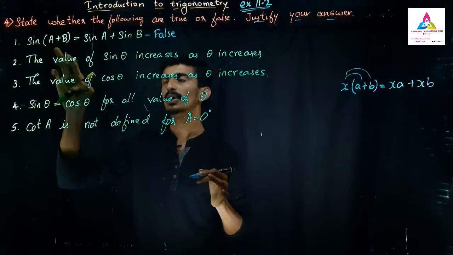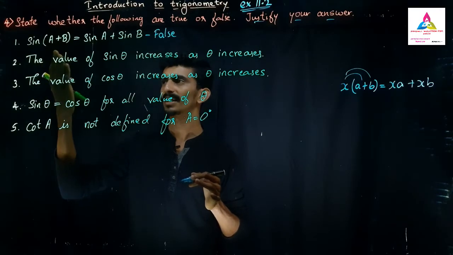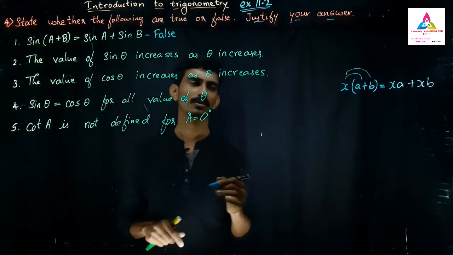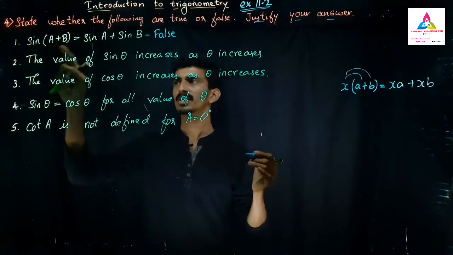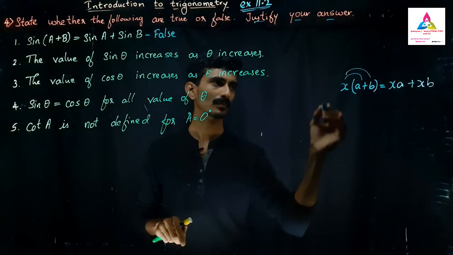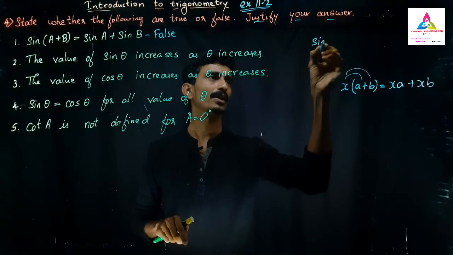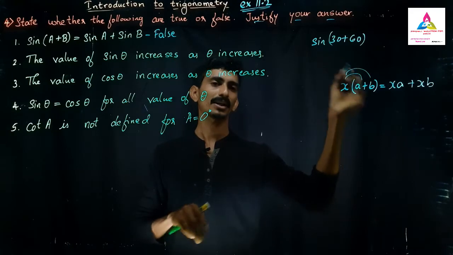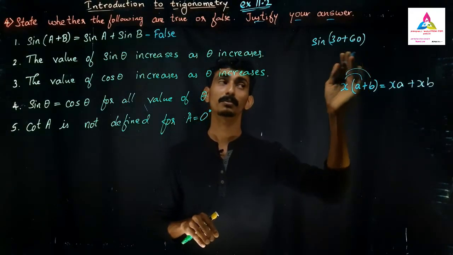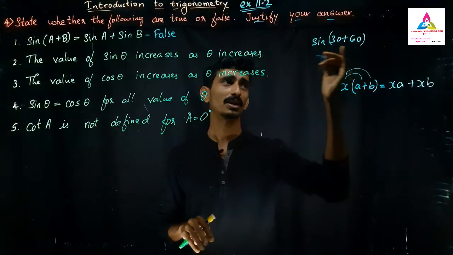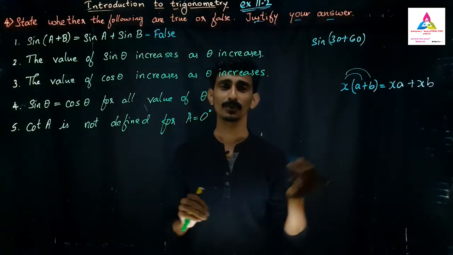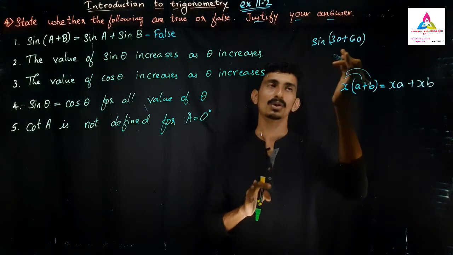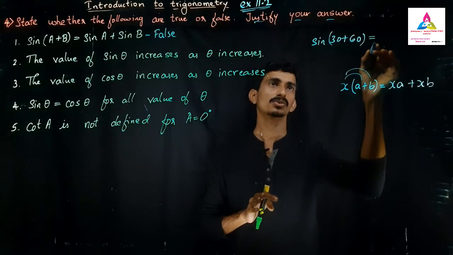Let us take A as 30 degrees and B as 60 degrees. I am not taking 45 degrees, because 45 plus 30 becomes 75, and we don't know the sine value for 75 degrees. So I am taking values which we know, 30 and 60.